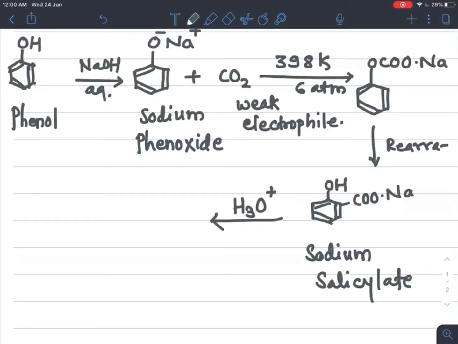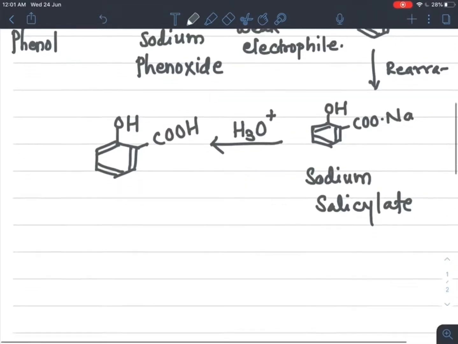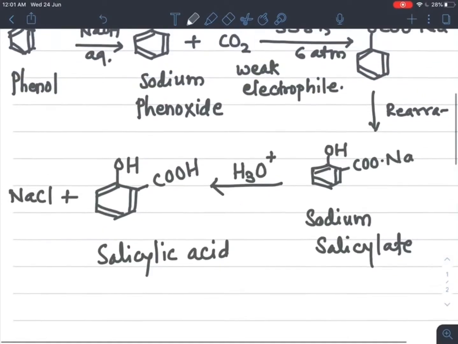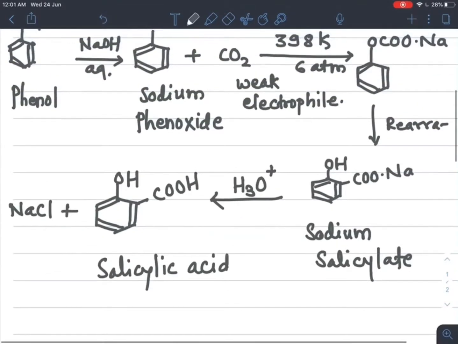So finally we get the corresponding product, the benzene ring attached to OH with alternate double single bonds as they are, and at this position Na is replaced by hydrogen, and the compound is called salicylic acid, with the removal of NaCl. So this is about the Kolbe reaction.